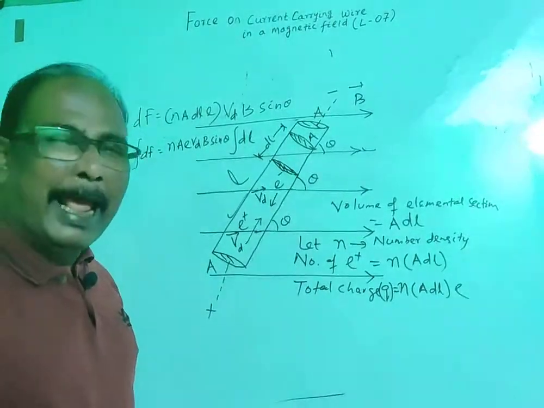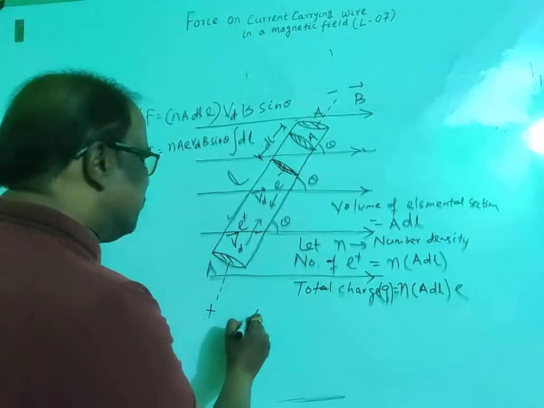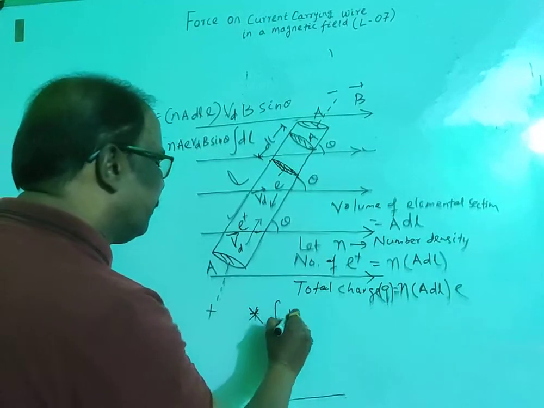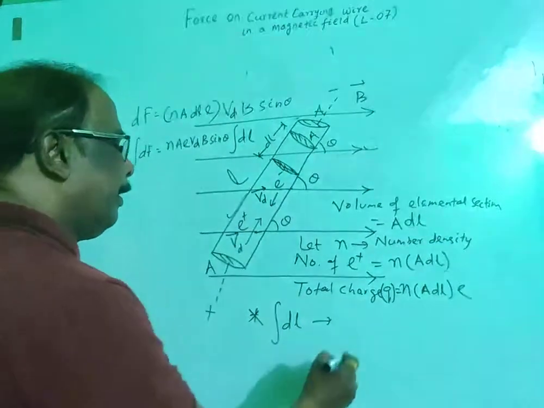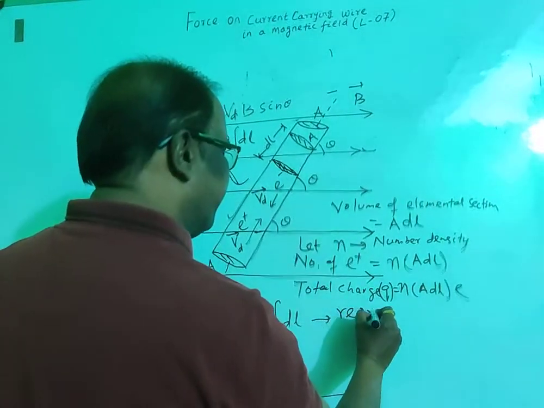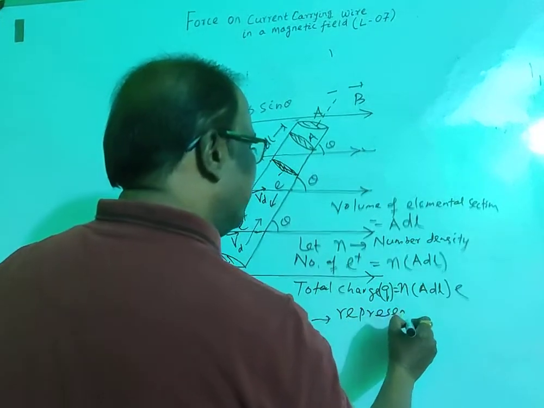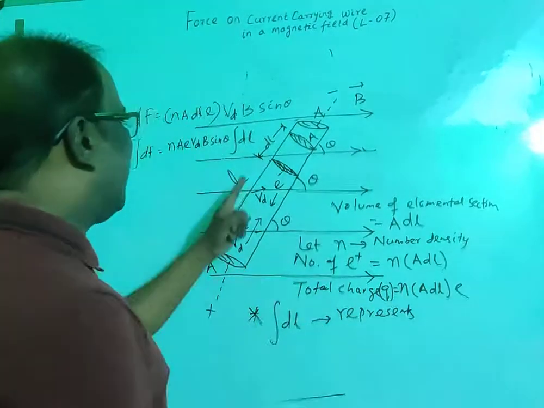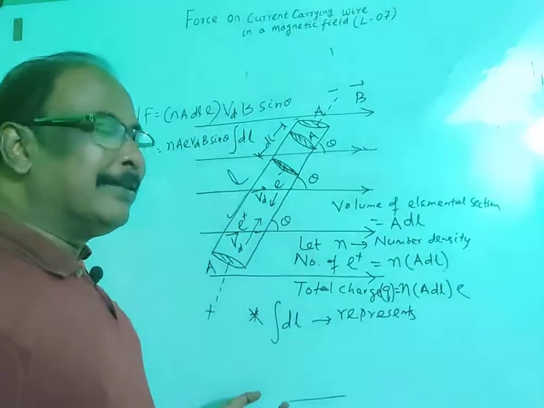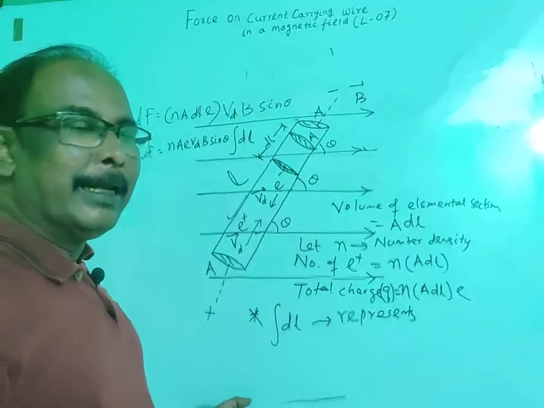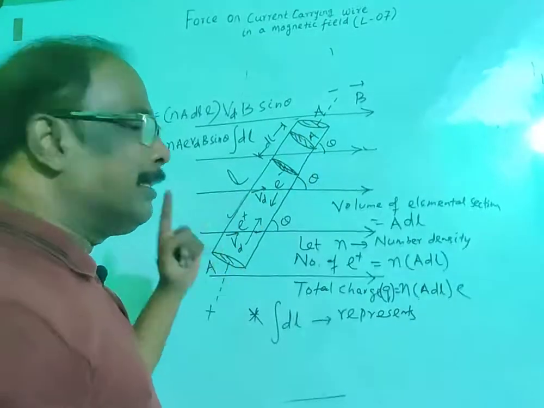Integration of dl represents, in general, you may say, the total length of the conductor.